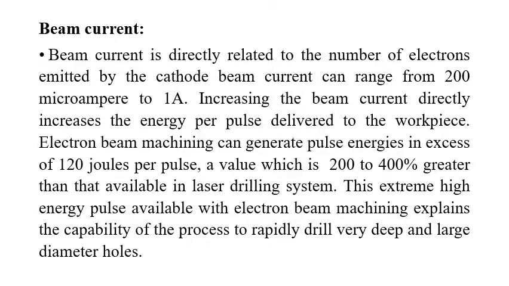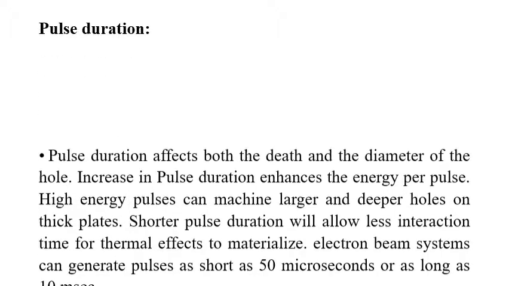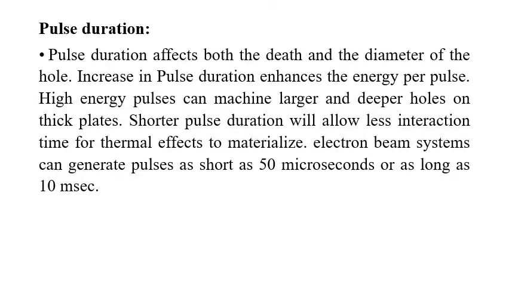And the next concept is pulse duration. Here the pulse duration during electron beam machining varies in the range of 50 microseconds to 10 milliseconds, depending upon the depth and diameter of the hole to be drilled.